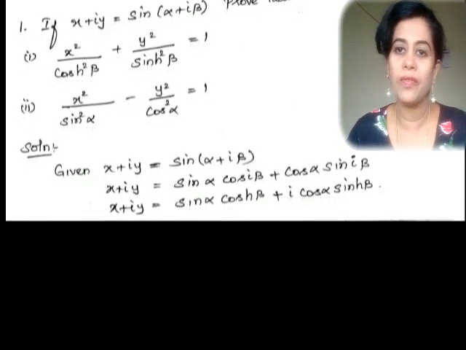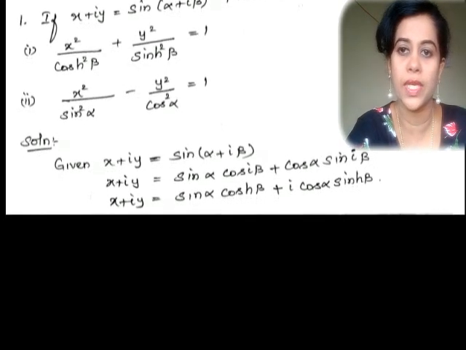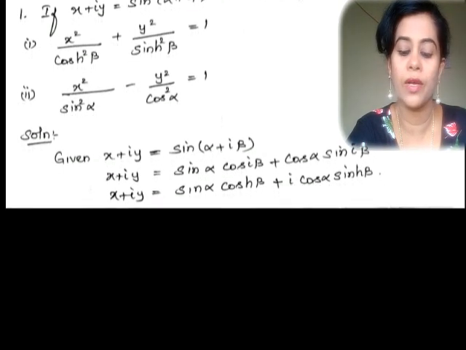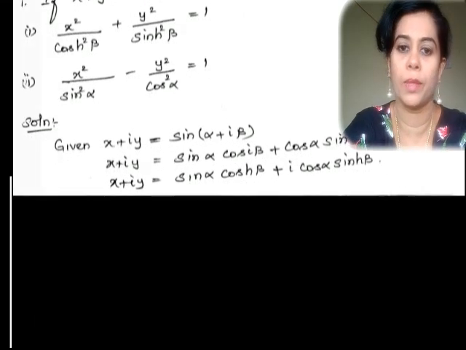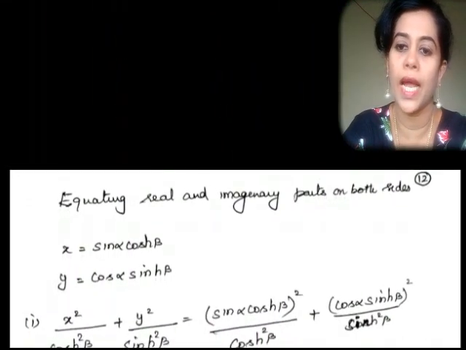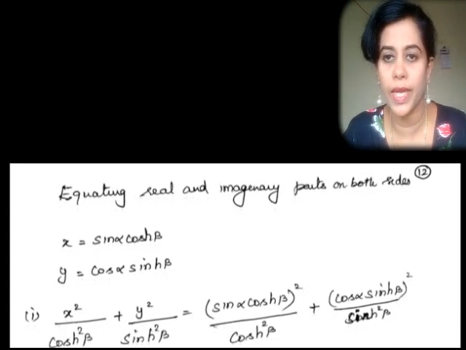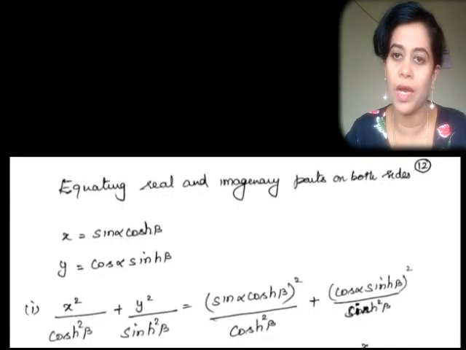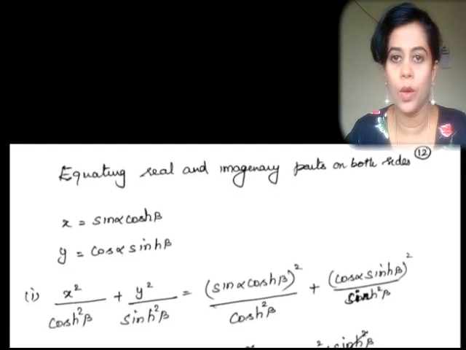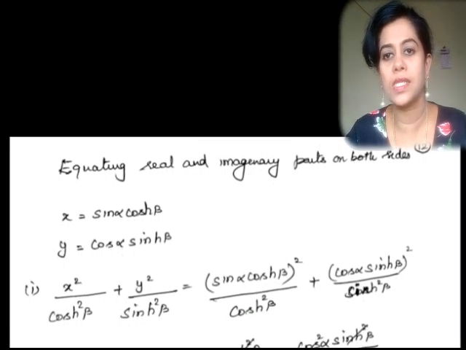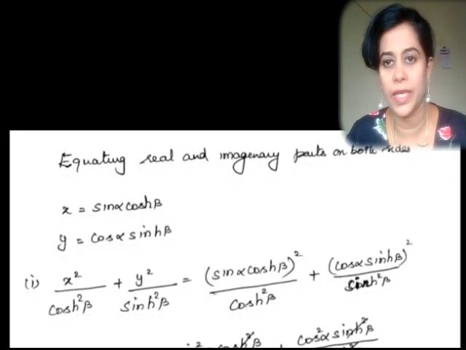Now we have the real and the imaginary portions here. The first term is real, and the second term has the imaginary portion. So equating the real and imaginary parts on both sides, we get x is equal to sin alpha cos h beta, y is equal to cos alpha sin h beta. These are taken from the given conditions.